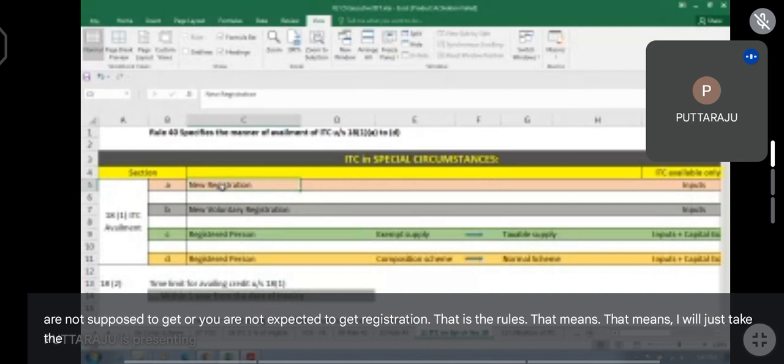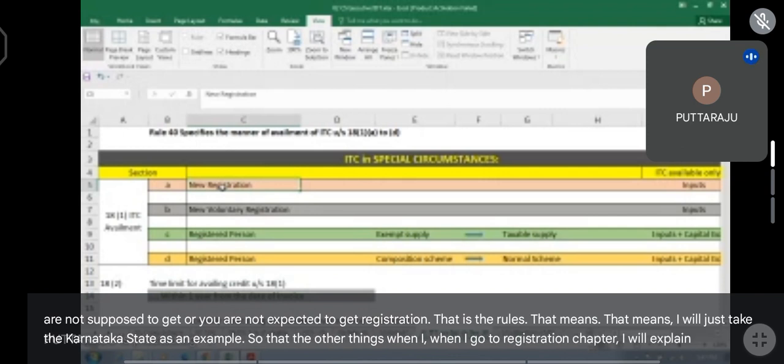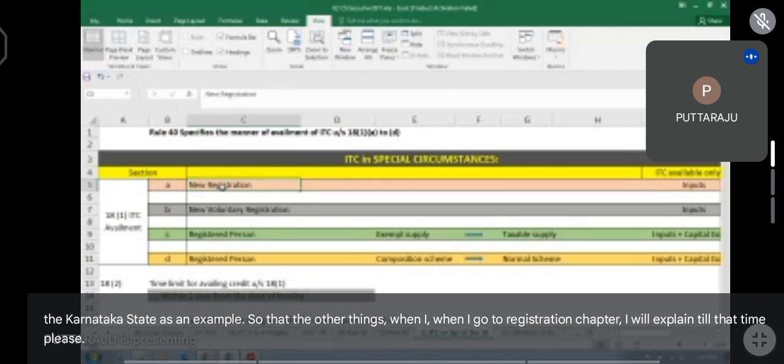I will just take the Karnataka state as an example, and the other things I will explain when I go to the registration chapter. Till that time, please consider with respect to Karnataka as of now. Karnataka falls under the other states.